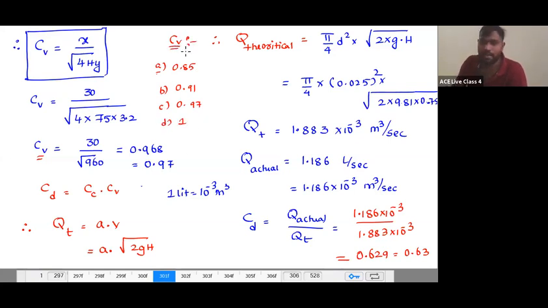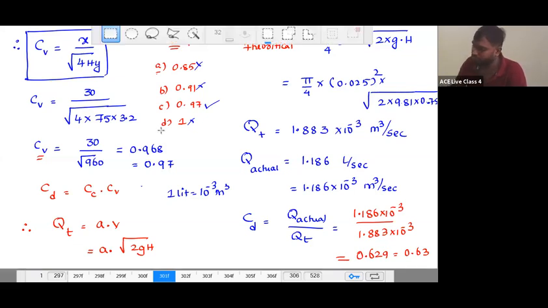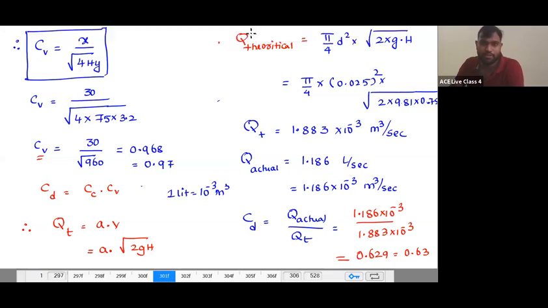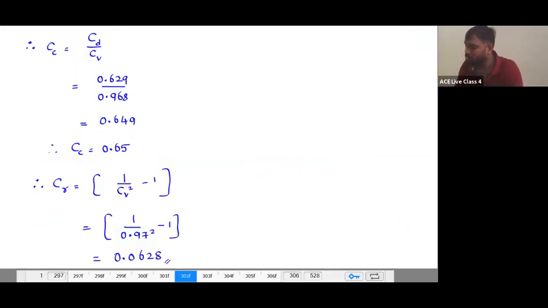If I give you the CV value, I'll give the options like this. So it's not in the range, it's not in the range, it's not in the range. The answer is going to be 0.97. Don't worry, you can get that. In prelims they don't give values that need too much calculation. Okay, so don't worry about that. I hope you understood.